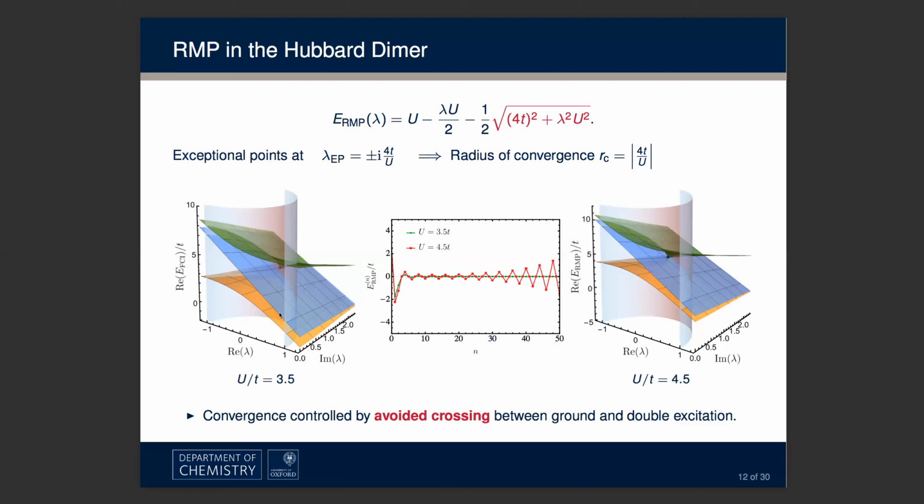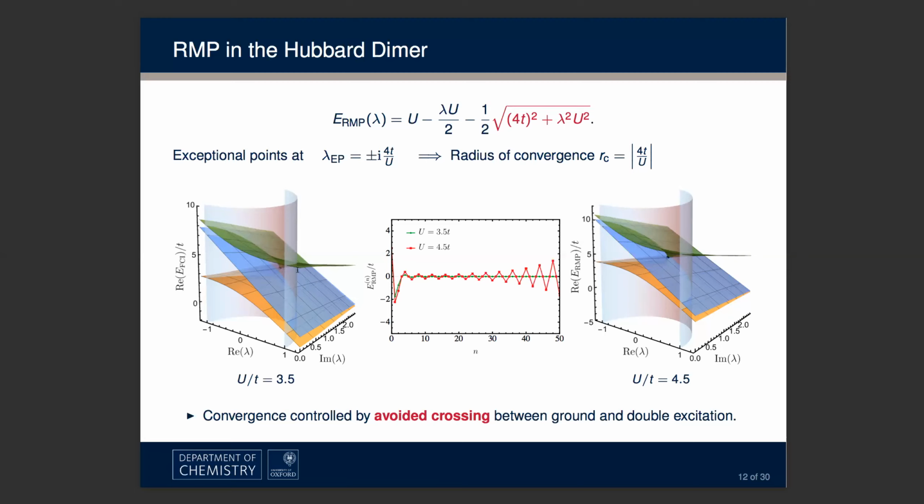On the other hand, if we're inside, so U over t is 3.5, we get a convergent series. This exactly explains what we saw in these original perturbation expansions. So the radius of convergence is controlled in this case by an exceptional point between the ground and the double excitation.